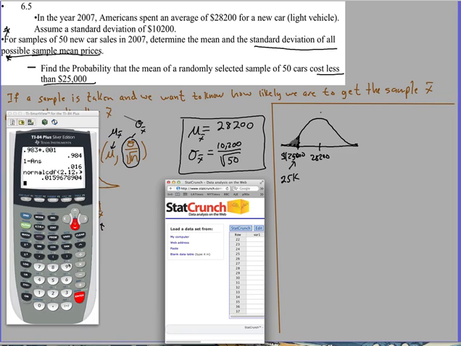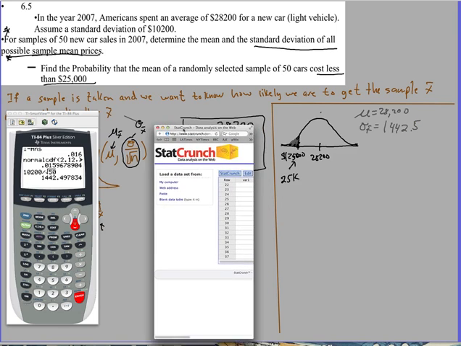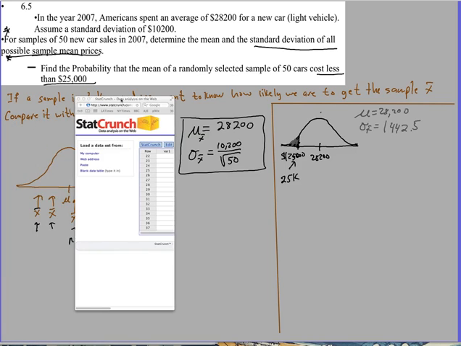So the mean is 28,200, and the standard deviation of all my x bars is 10,200 divided by root 50. Okay, so it's going to be 1,442, and I'll just round that. In the homeworks, sometimes you can't round, but in our situation, we could round.